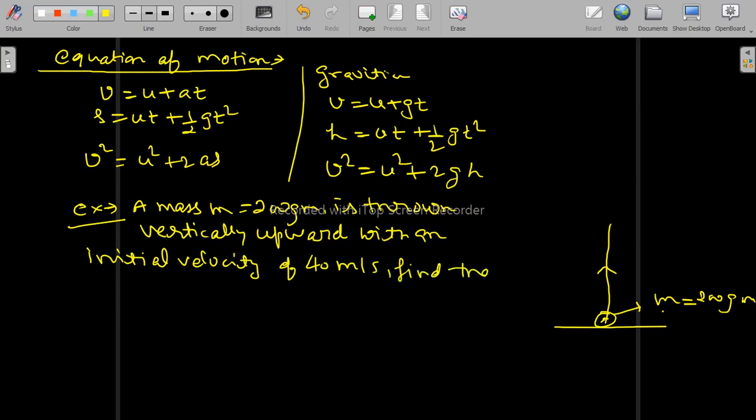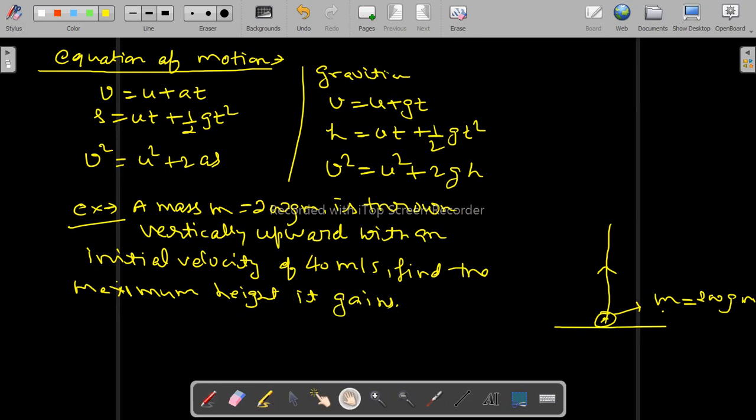Find the maximum height it gains. So have you got the question what I am asking you?